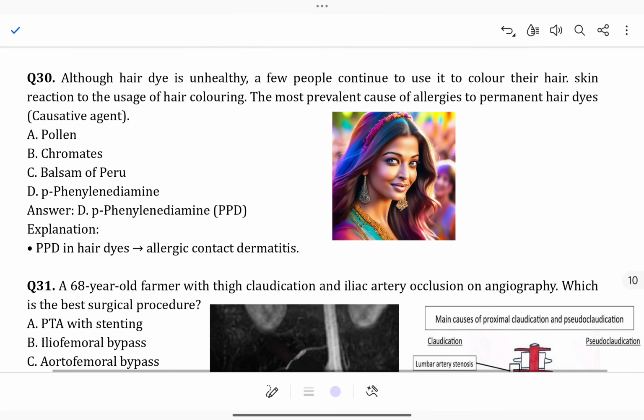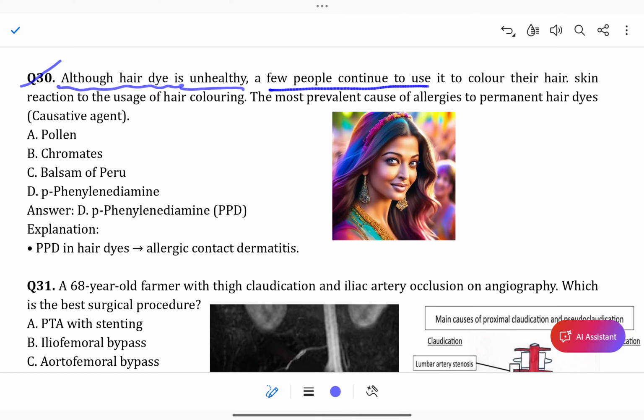Question number 30. Although hair dye is unhealthy, few people continue to use it to color their hair. Skin reactions occur with the usage of hair coloring. What is the most prevalent causative agent of allergy to permanent hair dyes?